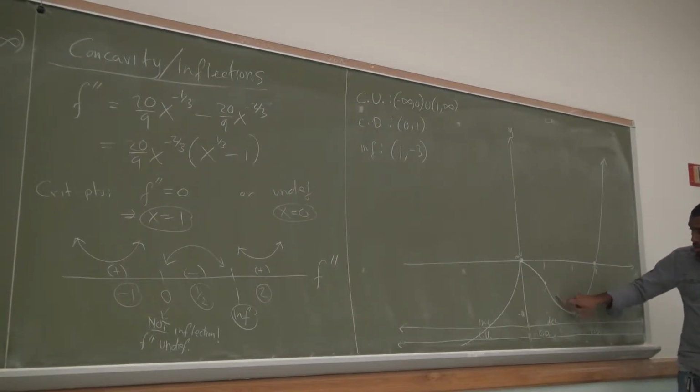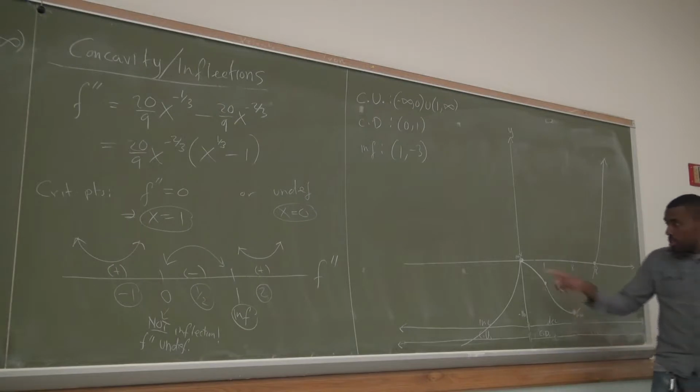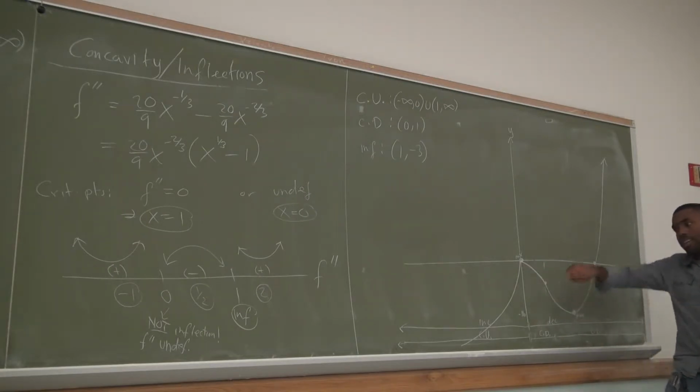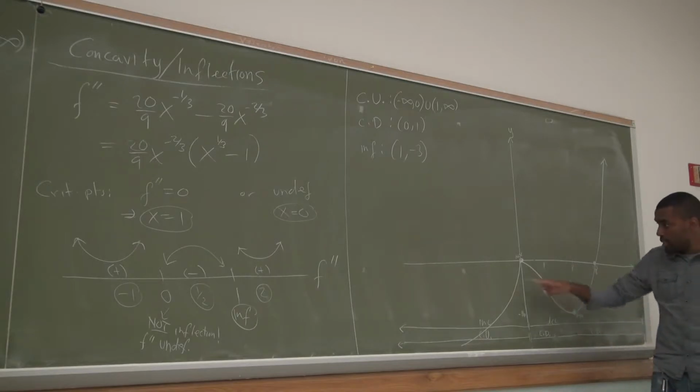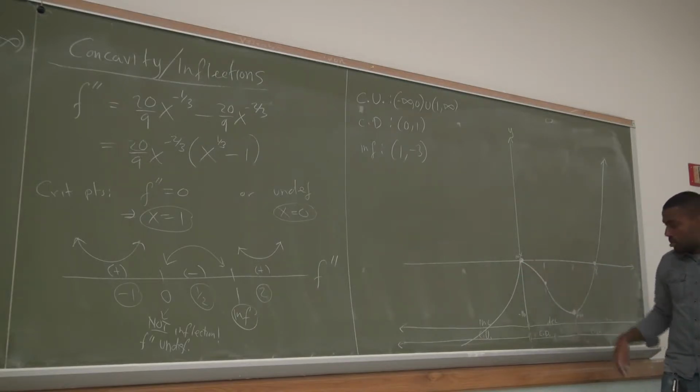I was concave up before it, and I'm still concave up after. On both sides, I look like a smiley face. I didn't switch concavity. Here I switched concavity. I was a frowny face on this side. I'm a smiley face on this side. So there I switched. This one I switched concavity as well, but it's not really an inflection because it doesn't look like that wavy shape. Here I'm smiling, but here I'm frowning. It sort of looks almost like a jagged edge.